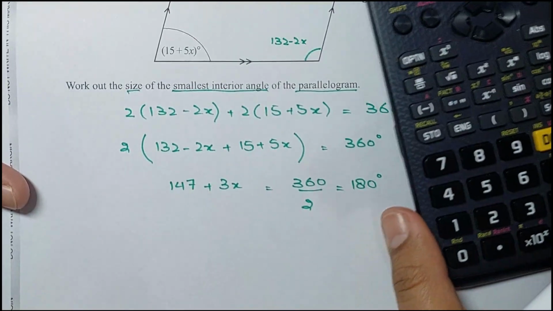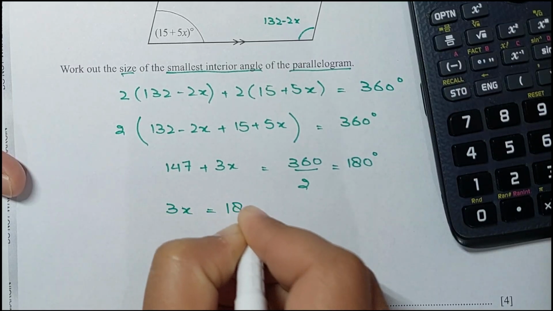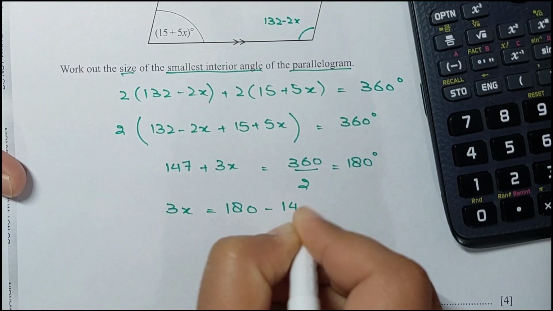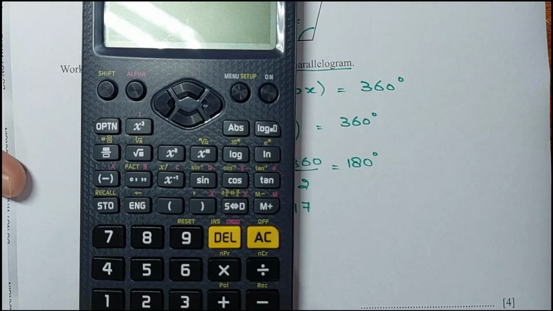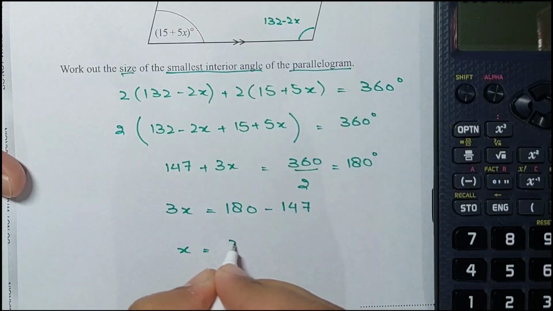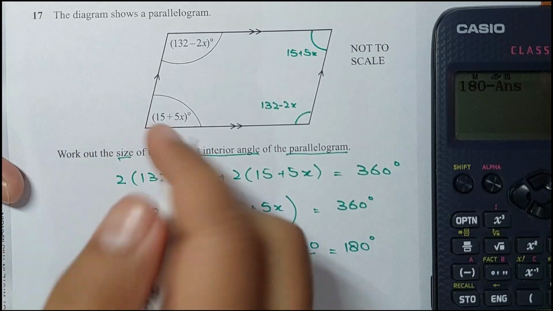Right. Let me solve for x. So 3x is 180 minus 147, and x would be equal to 33 divided by 3, so x is equal to 11, right? So now this x value is 11.